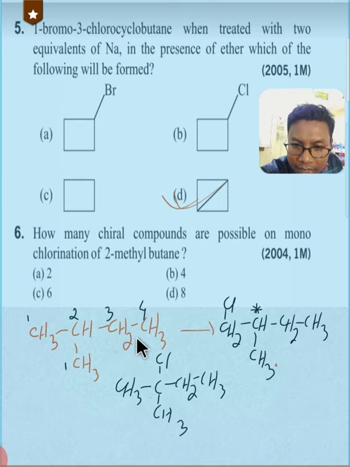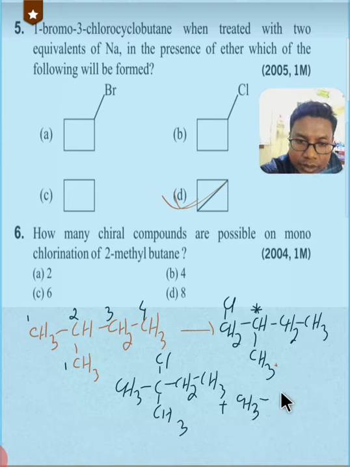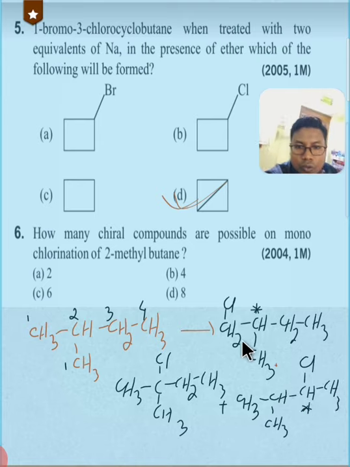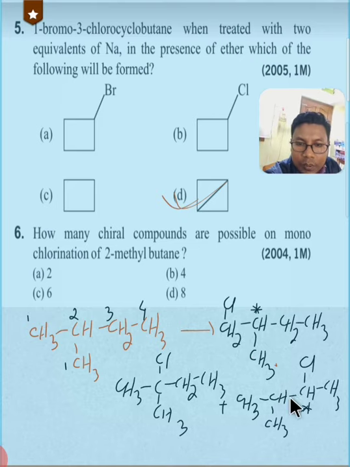And if I attach chlorine in place of one of the hydrogen atoms here, then also we are going to get one chiral carbon atom, I think. Let me write here CH3, CH, CH3, CH, and to this carbon atom chlorine will be attached, and yes, this is a chiral carbon atom. So two chiral products. How many chiral compounds are possible on monochlorination of 2-methyl-butane?